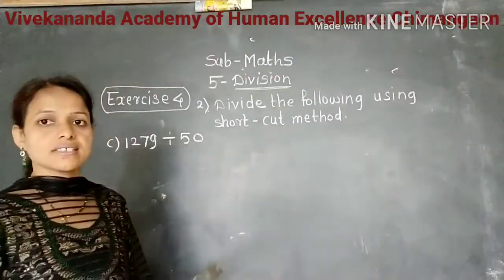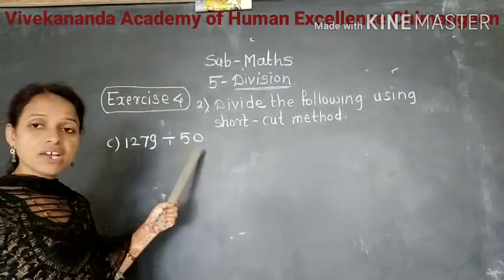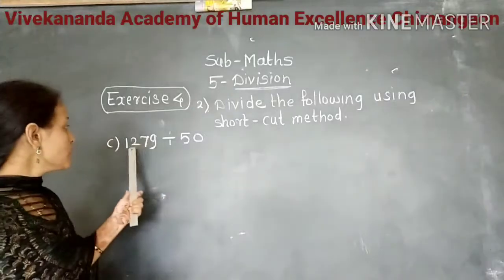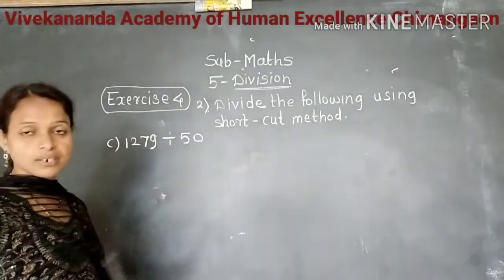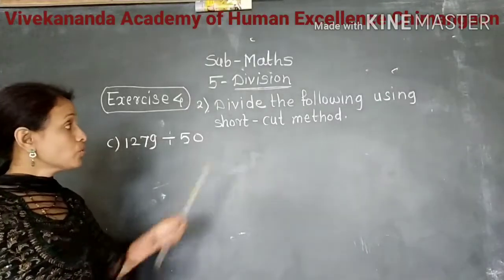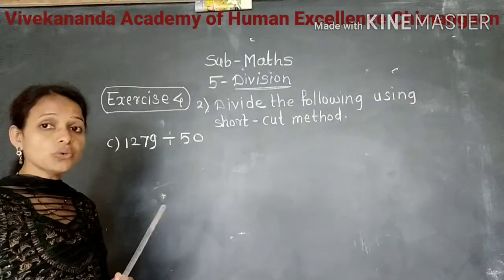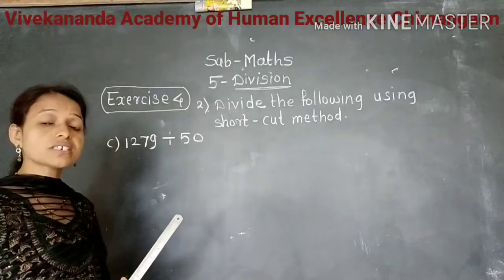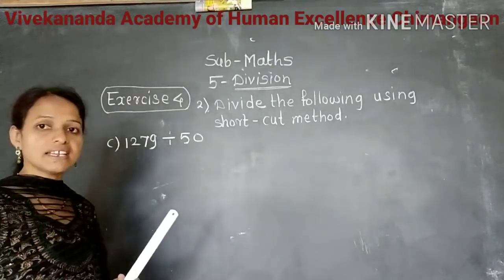Okay, next example: 1279 divided by 50. Here the dividend is 1279 and the divisor is 50. You have learned that when you have to divide any number by the shortcut method, you have to follow some steps. Step first is to remove the ones digit from dividend and divisor.